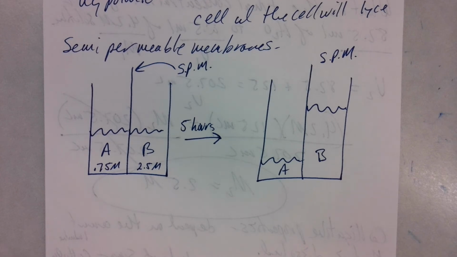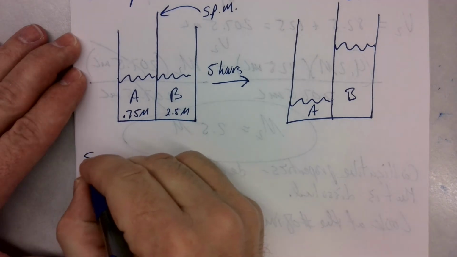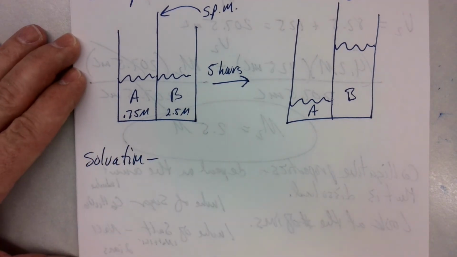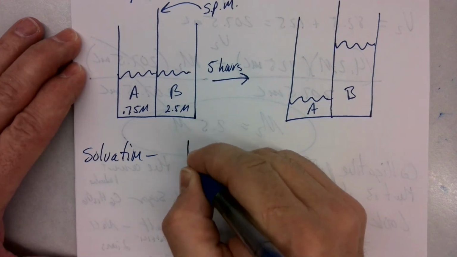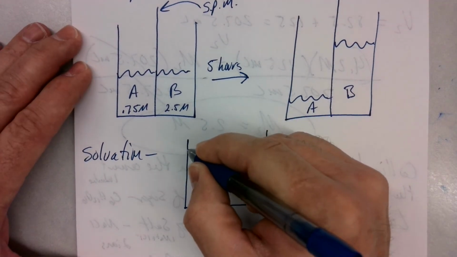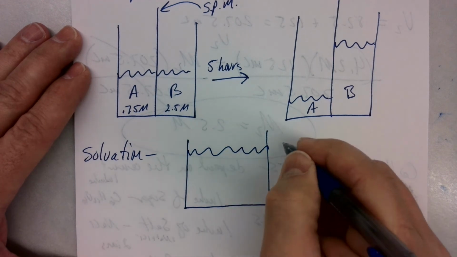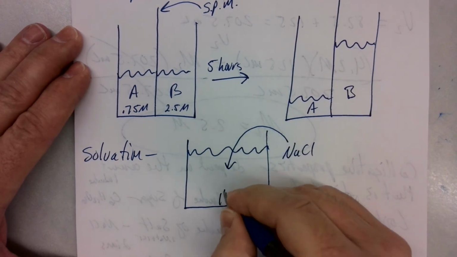So that's that. Now, another thing we need to talk about is solvation. This is one of those things that is typically fairly difficult for students to understand. Let's say I put NaCl in water.